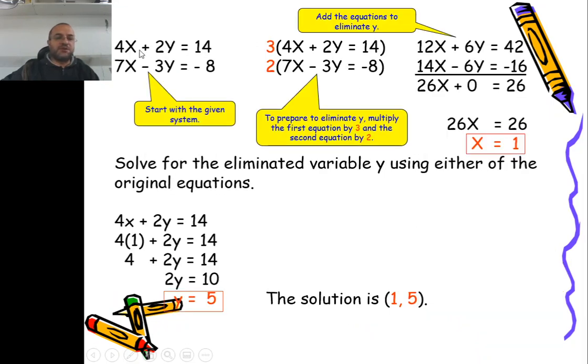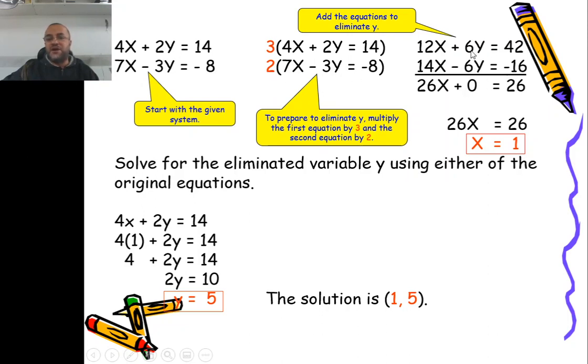So let's go here. This is the system. We multiply the first equation by 3 and we multiply the second equation by 2, and here we are having the coefficient of y and the coefficient of y opposite. 3 times 4x equal 12x, 3 times 2y equal 6y, and 3 times 14 equal 42. 2 times 7x equal 14x, 2 times minus 3y equal minus 6y, and 2 times minus 8 equal minus 16.